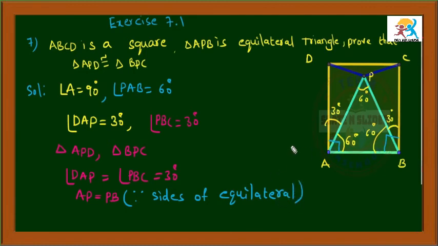I am writing AD is equal to BC. How? So far I have written these two sides are equal and angles are equal, and then after I am writing these two sides are equal. How?